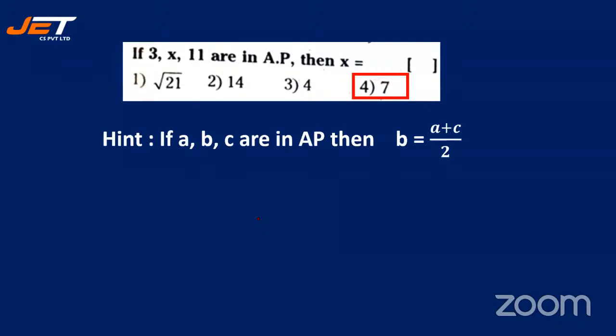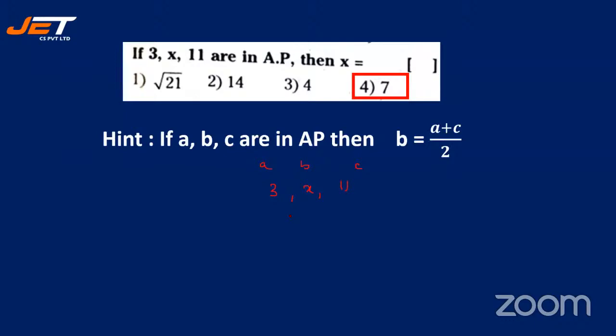If 3, x, 11 are in AP, then find the value of x. So this has already been highlighted. So how do you do this? Like how you did the last sum. Okay. So (a plus c) by 2 is b. So 3, x, 11. This is a, this is b, this is c.